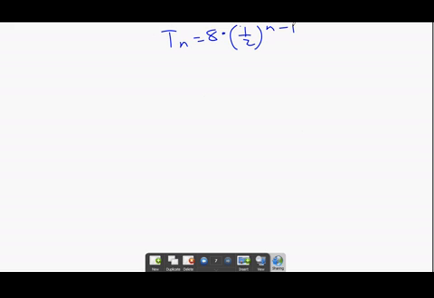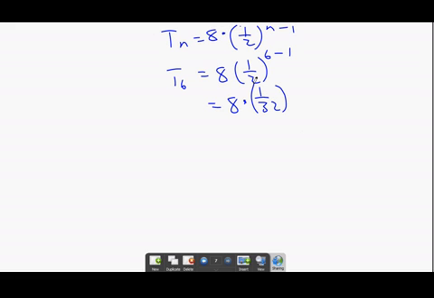Now this means that if I want T6, I am going to substitute for n, and it is going to be 8 bracket 1 over 2 bracket 6 minus 1. This would then give me 8 times this. I punch straight into my calculator, and it will give me 1 over 32, like that.